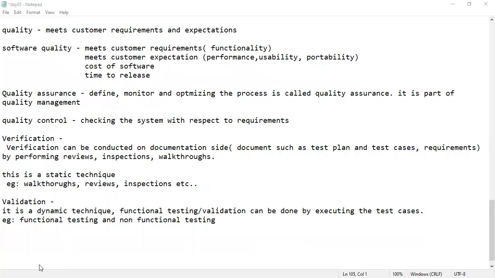Verification and validation model, correct. So this is the V model; it looks like a V. In this V model, all the development phases are on the left side.